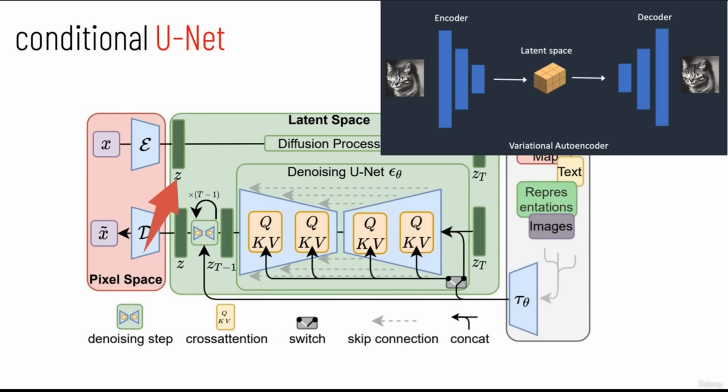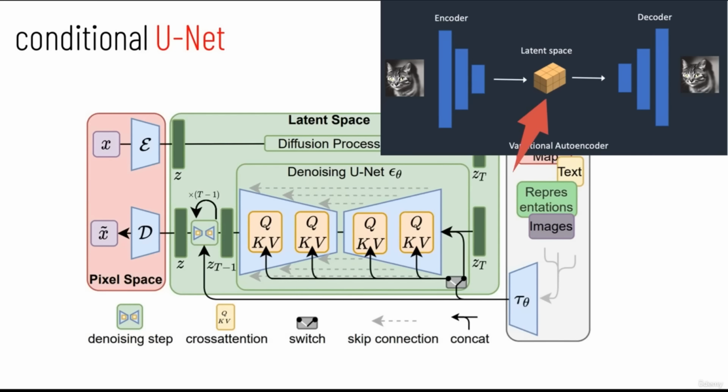This Z here is our compressed image. We use this encoder to convert our input image to this new representation, which has the most important information in our input image. And the size of this new representation is very small compared to our input image. In other words, the width and height of this image are very small compared to our input image.